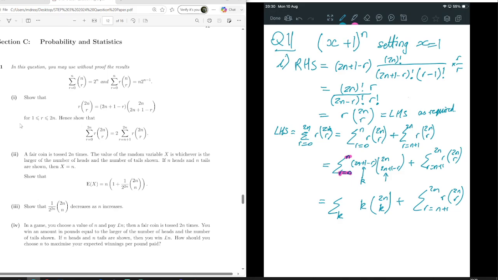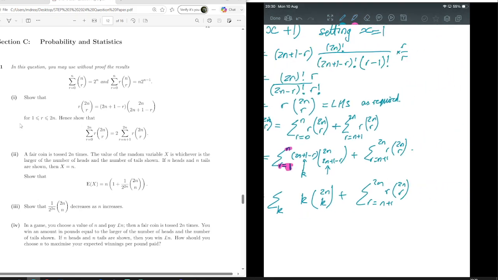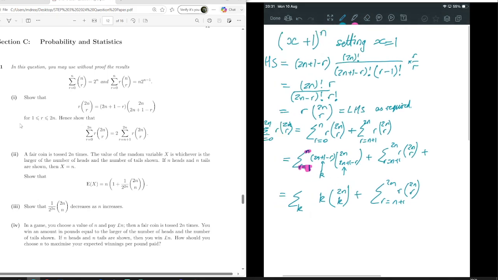So we need to break off that case. So I only want this to sum from 1 to n, and I need to add on the r equals 0 case, which is just a 0.